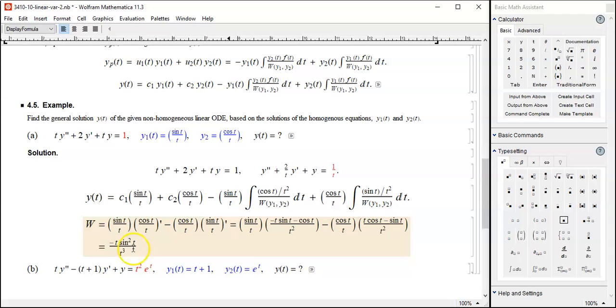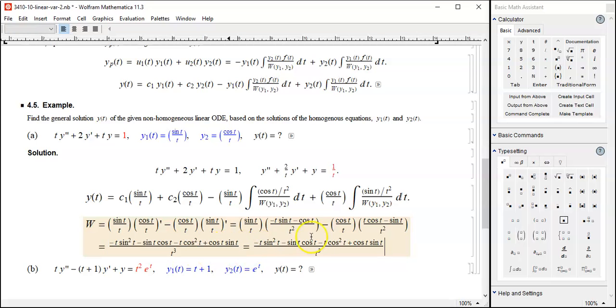And then this is going to be minus sine of t cosine of t, and then minus t cosine squared of t, and minus minus plus cosine of t sine of t. So what do you get? Use this cancellation, sine cosine, they disappear.